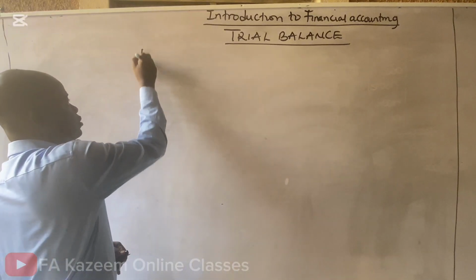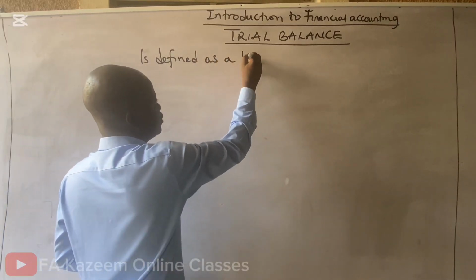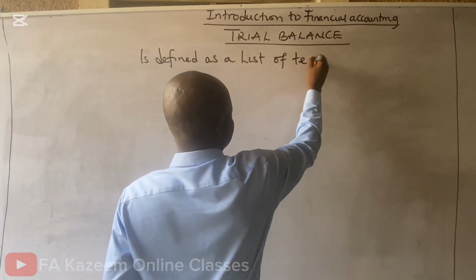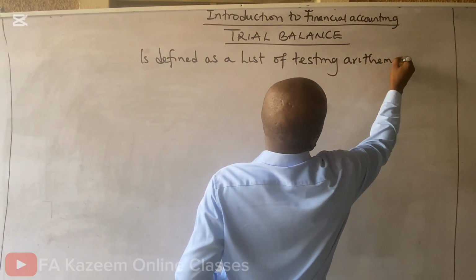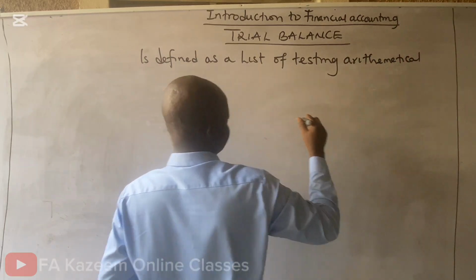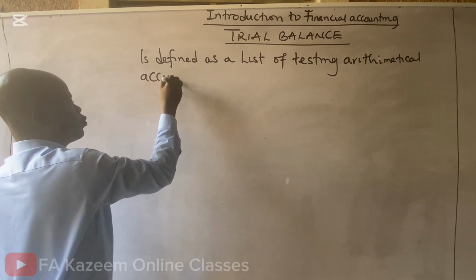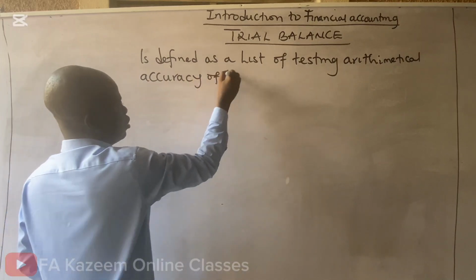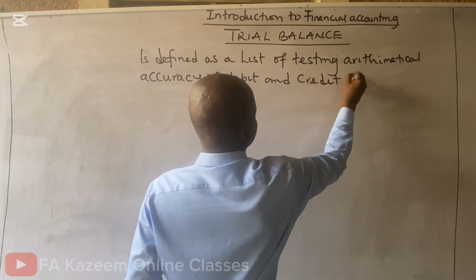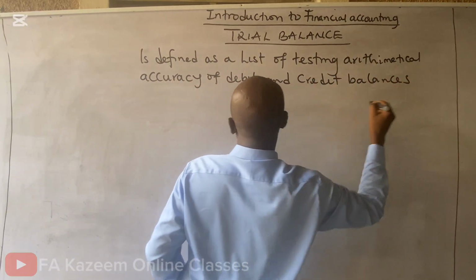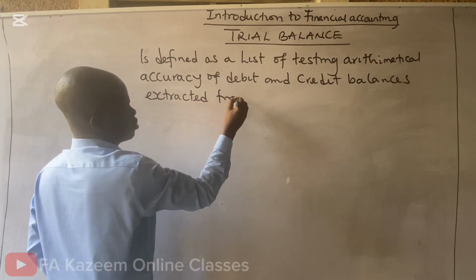Trial balance can be defined as a list testing the arithmetical accuracy of debit and credit balances extracted from the ledger.